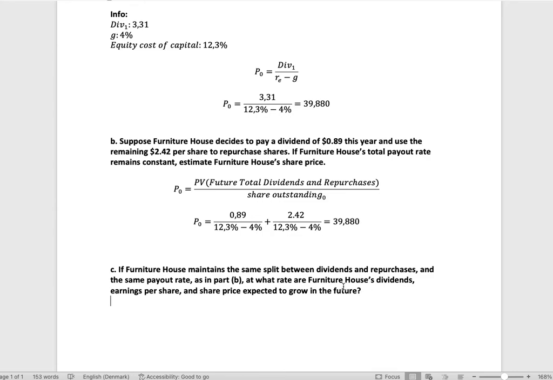However, in a world where there's taxes, there might be some preferences, because the company might be able to get more value out of the money, because corporate taxes are less than private taxes. When you're having dividend payouts, you will have to pay a higher tax than the firm has to pay.